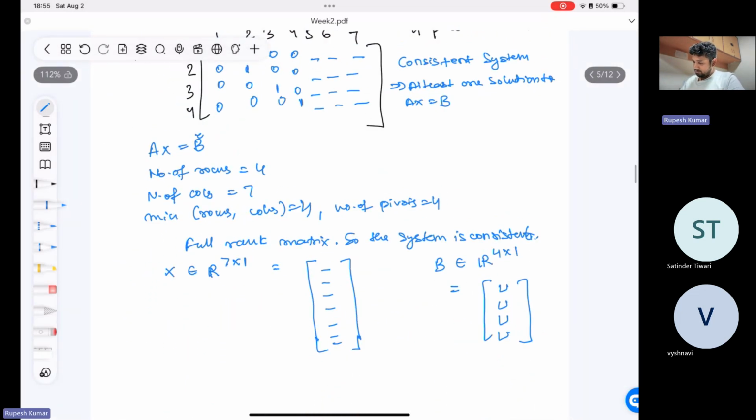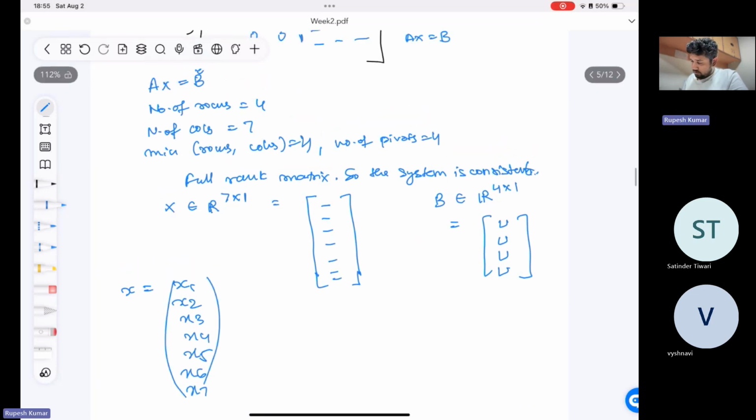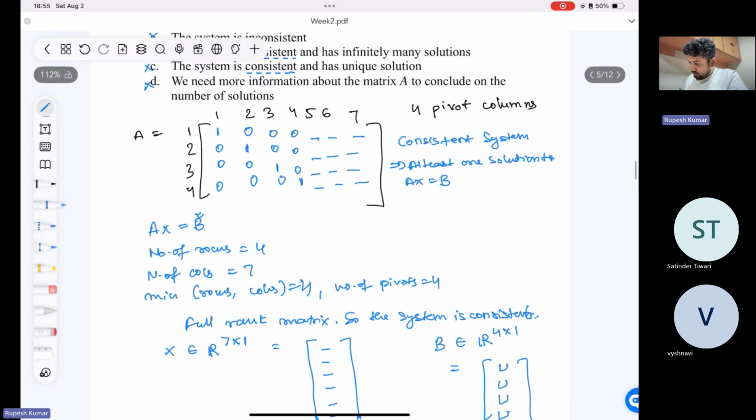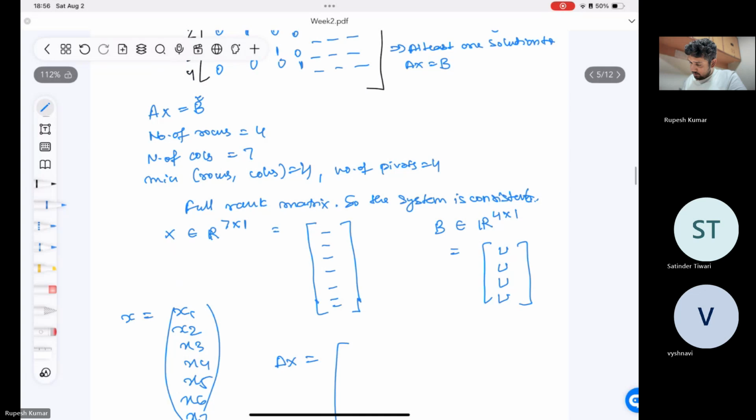How to start with this? So let's say x equals x1, x2, x3, x4, x5, x6, x7, right? So now what would Ax look like? Ax is equal to, right?